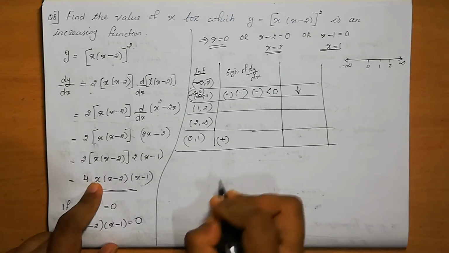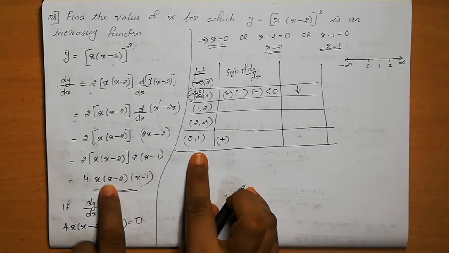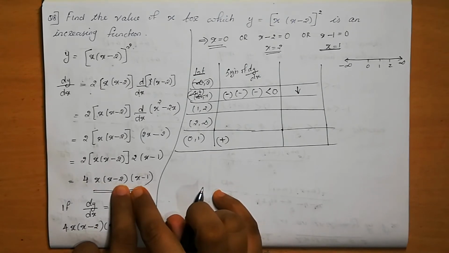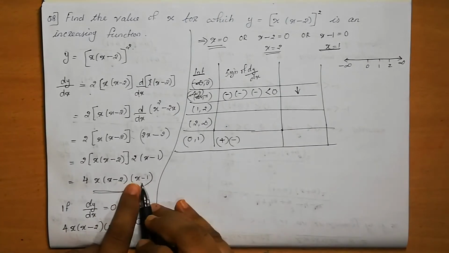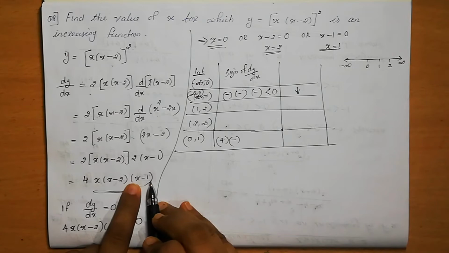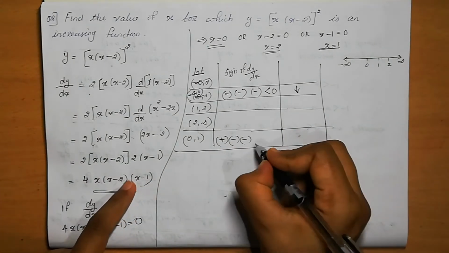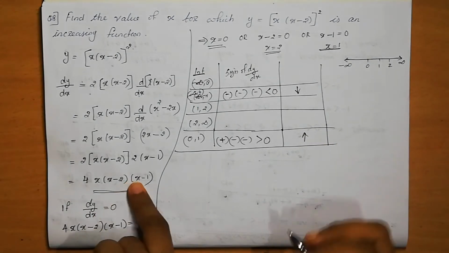Suppose I am taking 0.8, what will we get here? 0.8 minus 2 is a negative value. Here also 0.8 minus 1, 1 is a bigger number, right? So we will get negative. So plus, minus, minus gives plus. That means the function is greater than 0, which means the function is increasing. Correct. This is the nature.